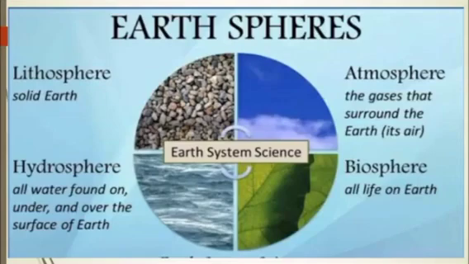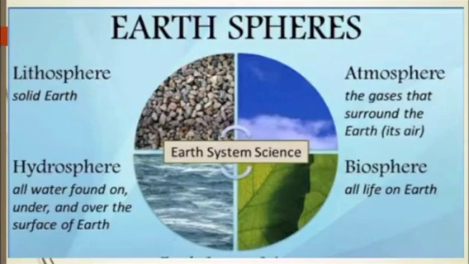So in this picture we can see earth spheres like lithosphere, hydrosphere, atmosphere and biosphere. Lithosphere means solid earth. Hydrosphere means all water found on, under and over the surface of earth. Atmosphere means the gases that surround the earth, which means its air.